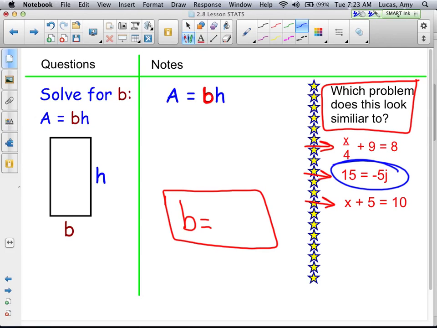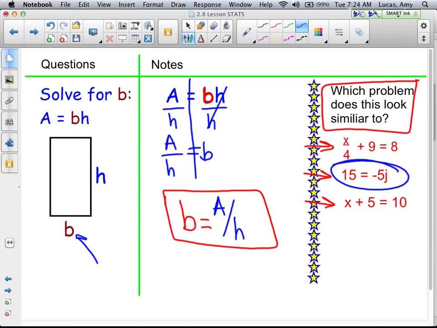To get that b by itself, b is multiplied by h, so I need to divide to get rid of that h on the right-hand side. And now I'm already done. b is all by itself, and what it equals is the area divided by the height. So if you are looking for the base of a rectangle, and you know the area and you know the height, you would just divide them to get the base.